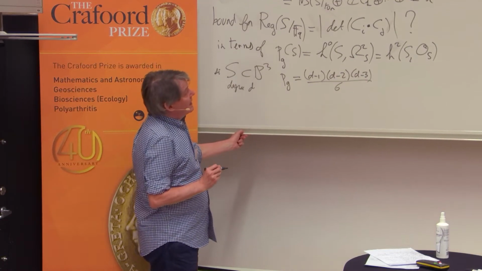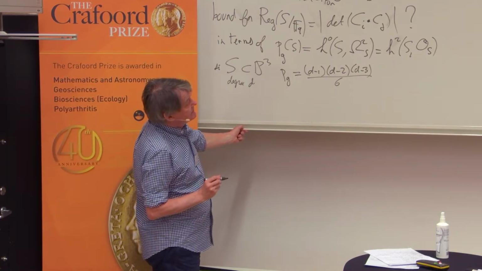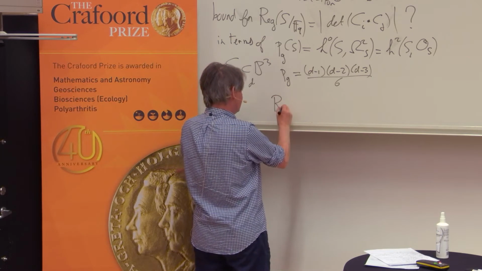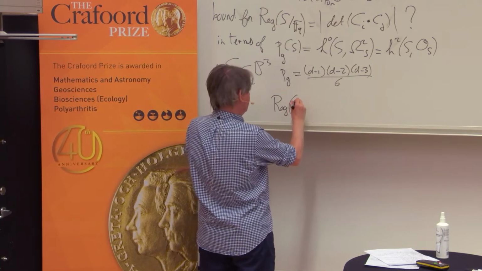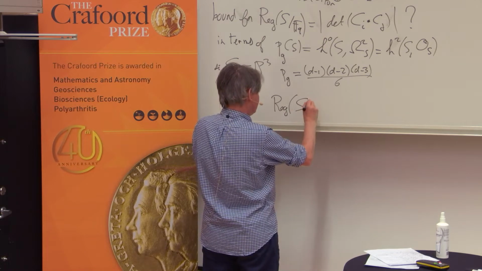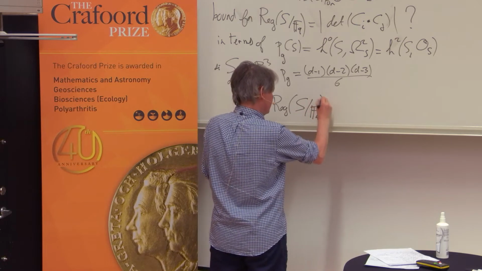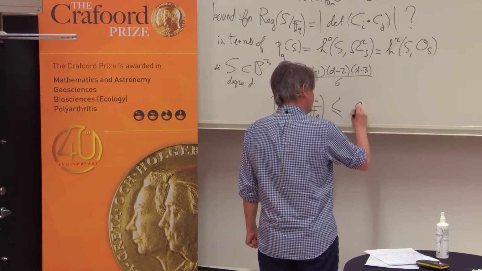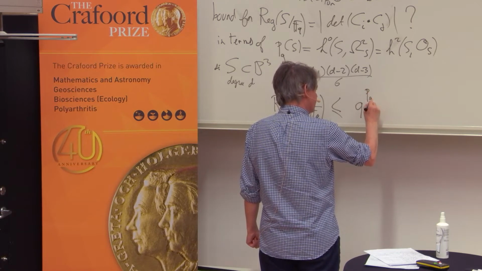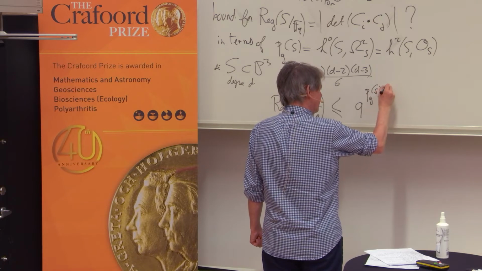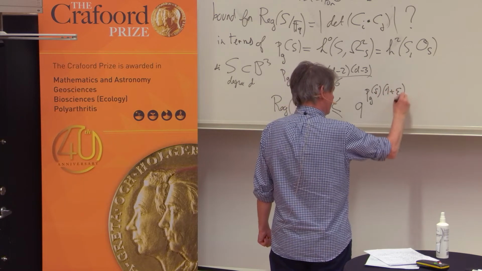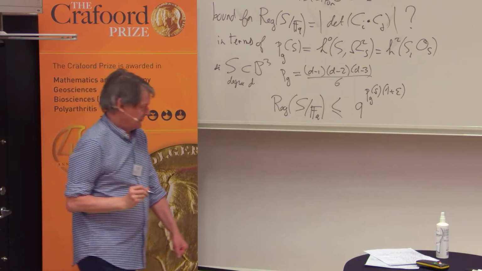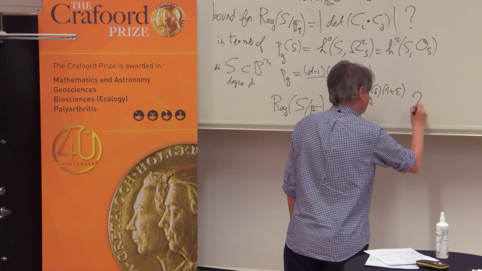So what is my guess? The guess is the regulator of the surface should be smaller than q to the power p_g(S) times (1+epsilon). I should be careful, so first I put a question mark.